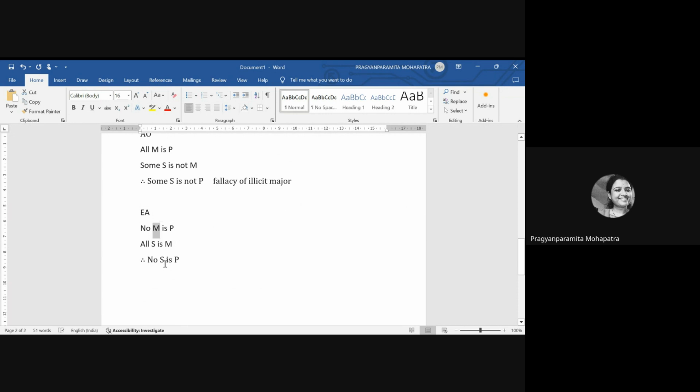And see, both terms are distributed in the conclusion: S is distributed, P is distributed. Let's see whether they are distributed in the premises. P is distributed here, S is also distributed. So this is a valid combination.